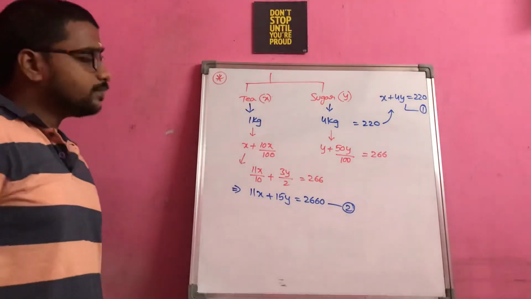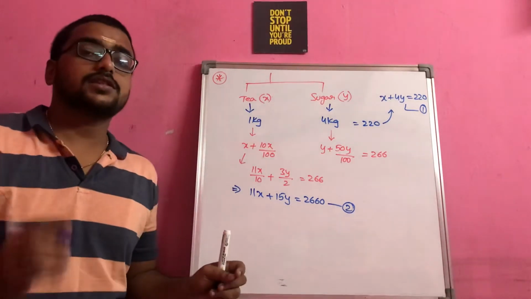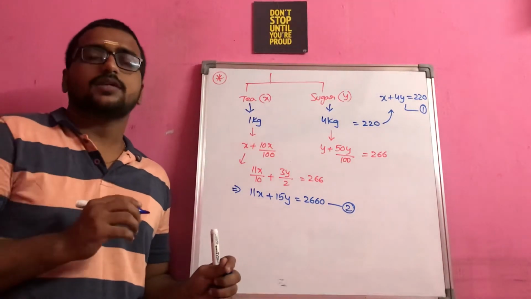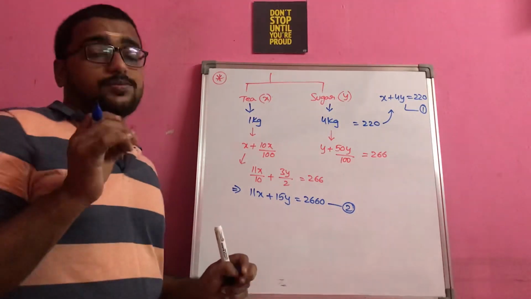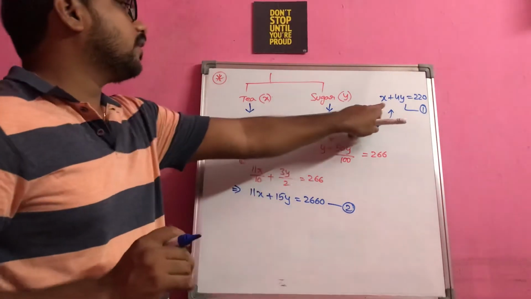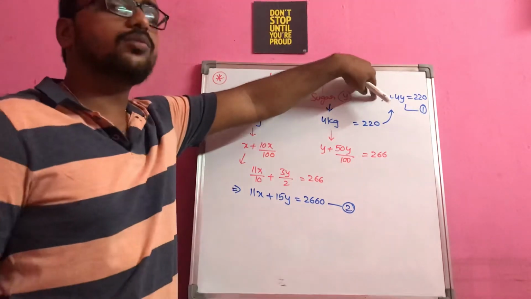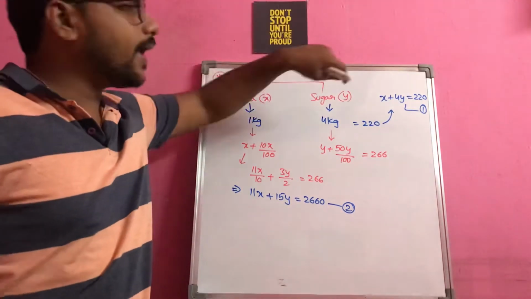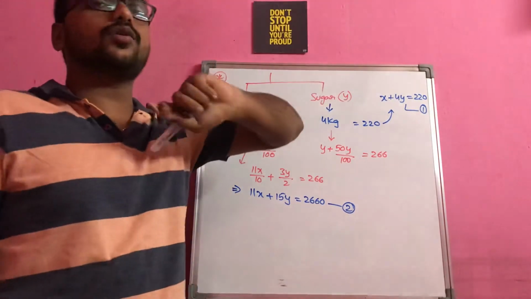Okay. So now in this case, which will I prefer, substitution method or elimination method? Substitution method only. Why am I preferring the substitution method? Please try to understand that, because you see here the x coefficient is 1, here the x coefficient is 11. So if I want to use the elimination method, I have to multiply this equation with 11, 11 into 220, I have to do.